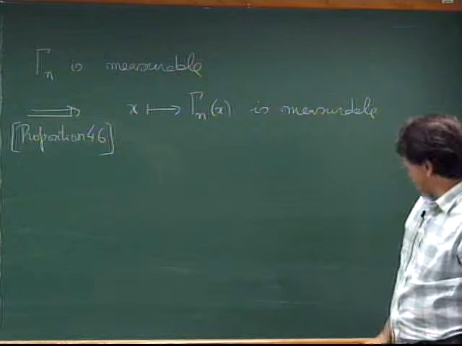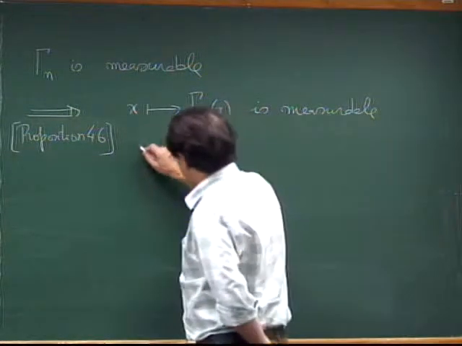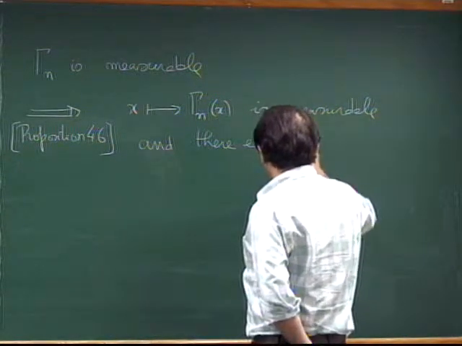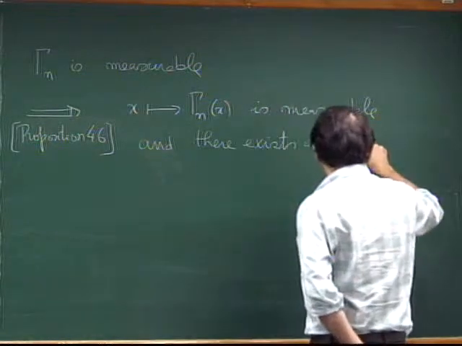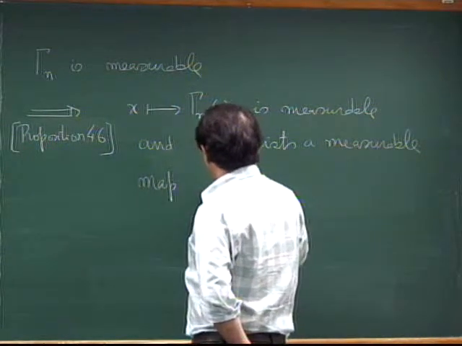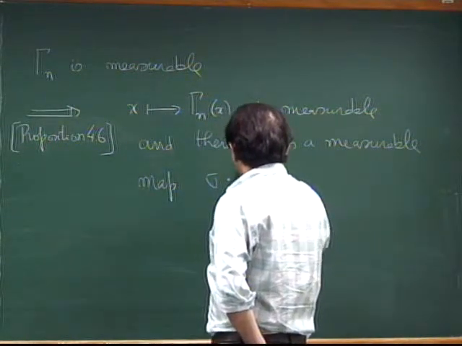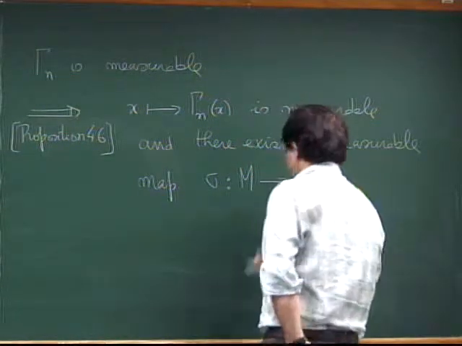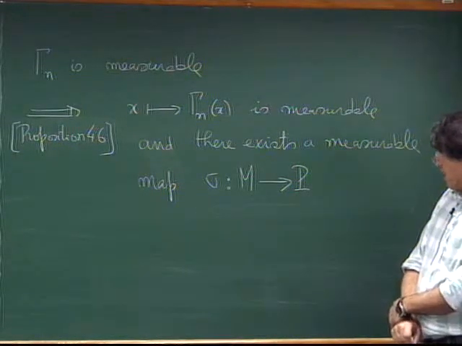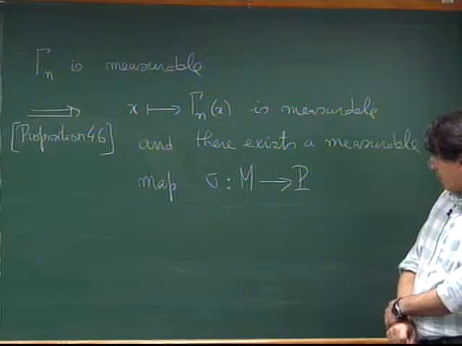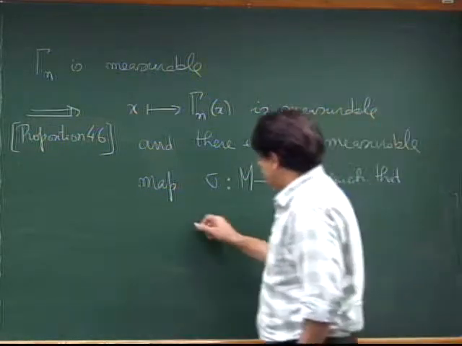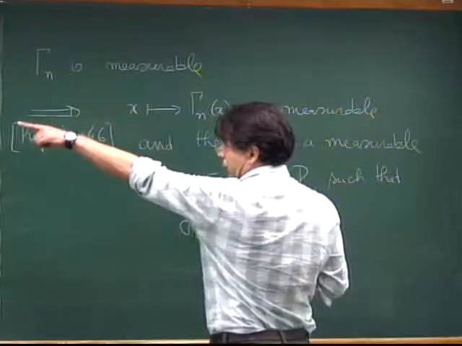So this set depends measurably on the point, and the proposition also says, and this is nice, that there exists a measurable map sigma from M to P such that sigma of any point belongs to this set.